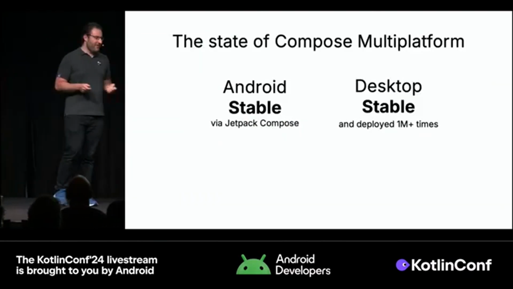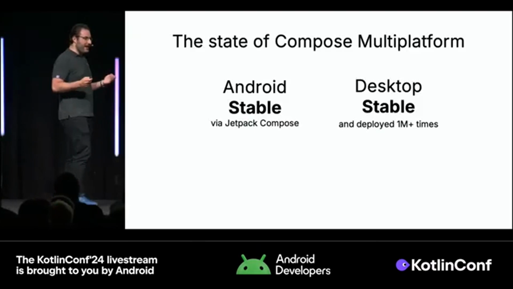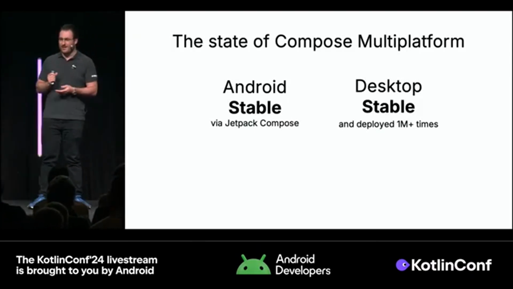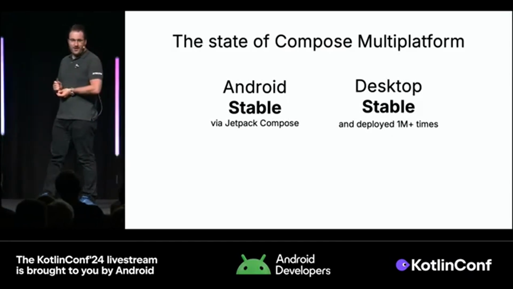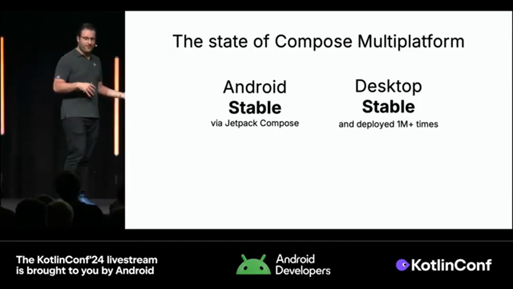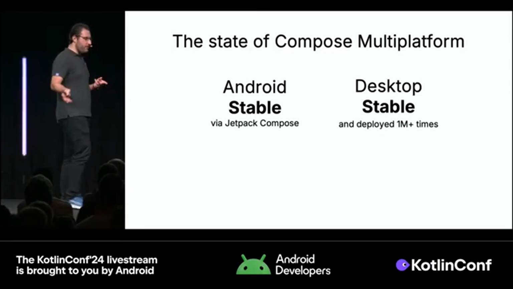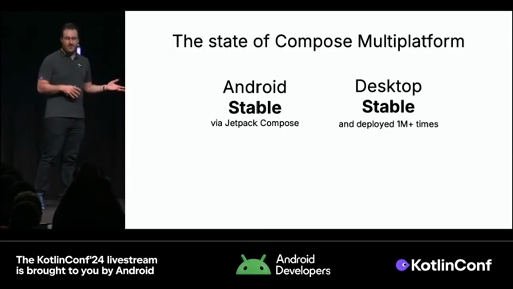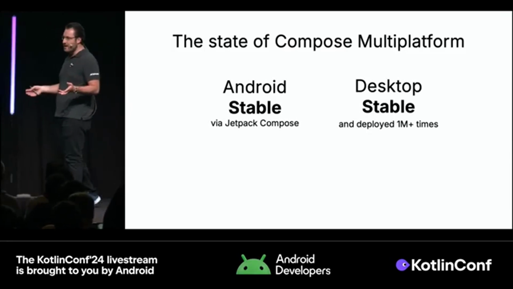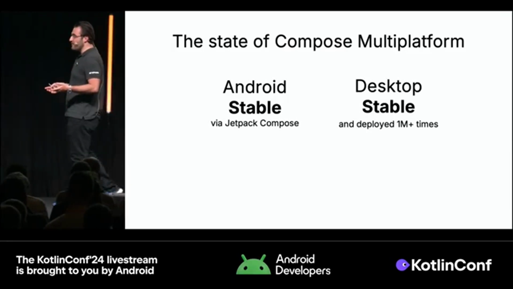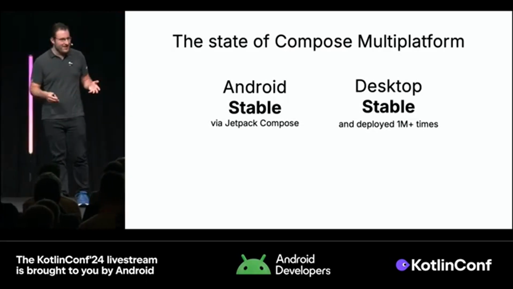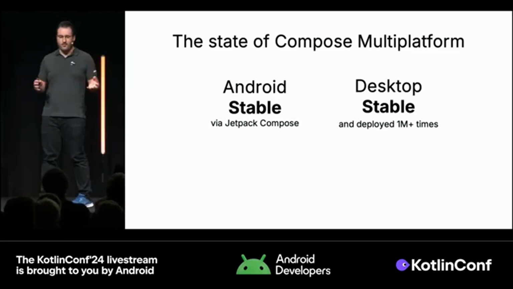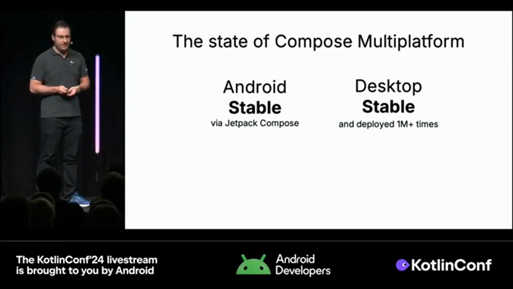And of course, it's a pretty exciting time right now because the stabilization journey for Compose Multiplatform is in full swing. On Android, when you're using Compose Multiplatform, that just decomposes, no pun intended, right into Jetpack Compose. So here, that's naturally already stable. On desktop, we've been stable for a whole while. And if you've ever used JetBrains Toolbox, then you have actually used a Compose Multiplatform application on desktop yourself.